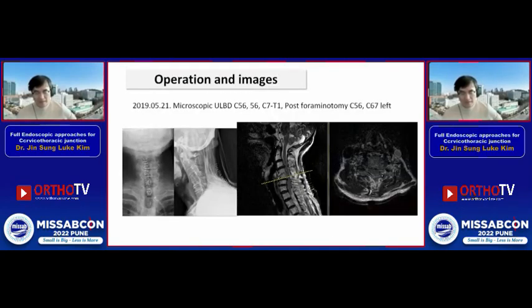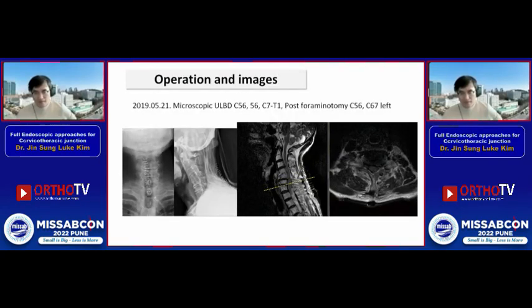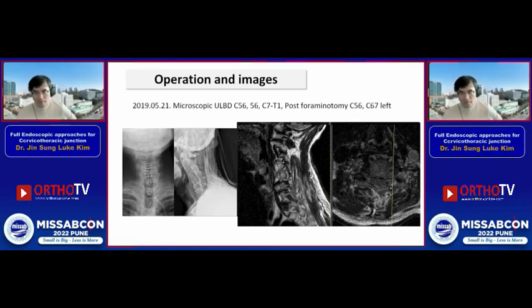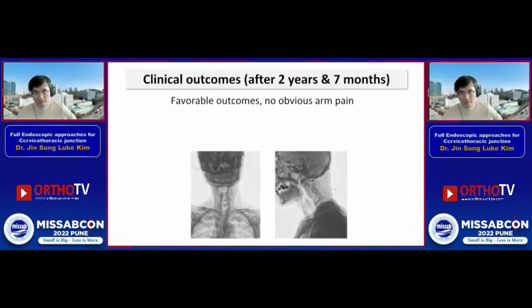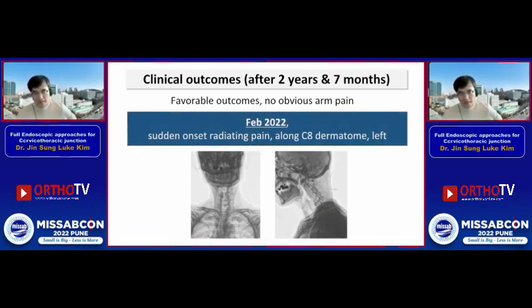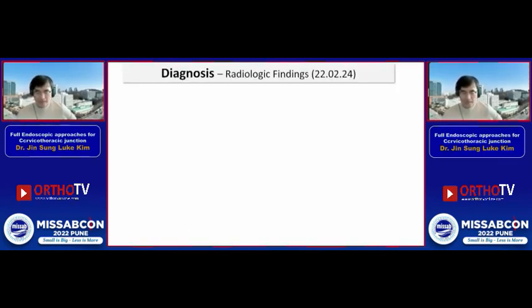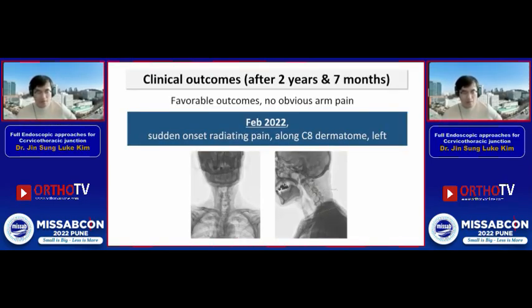A couple of years later, a favorable outcome, with no obvious arm pain over 2.5 years. And suddenly, only this year, the patient had intractable radiating arm pain along the C8 dermatome. You can see the very kyphotic posture.